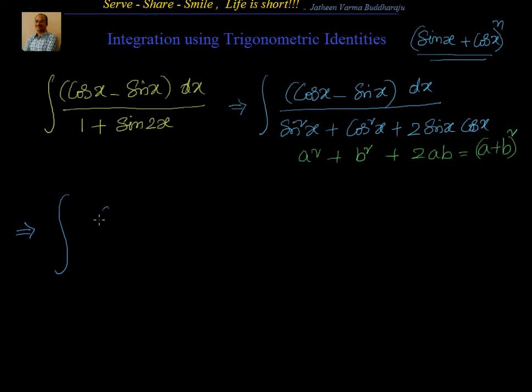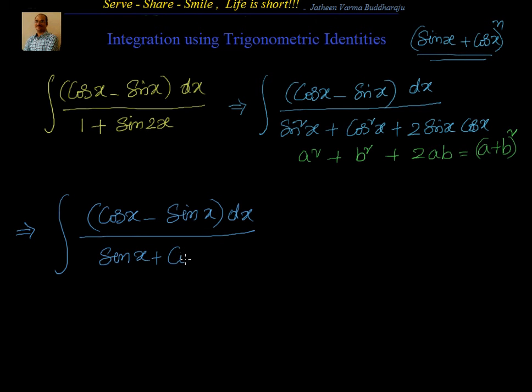We'll say integral of cos of x minus sin of x dx divided by sin x plus cos x whole square. Now we took sin x plus cos x equal to t. We know that cos x minus sin x dx is equal to dt.